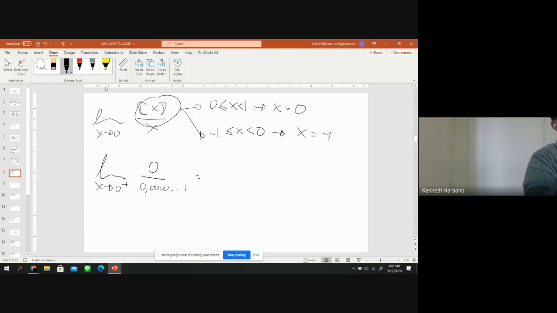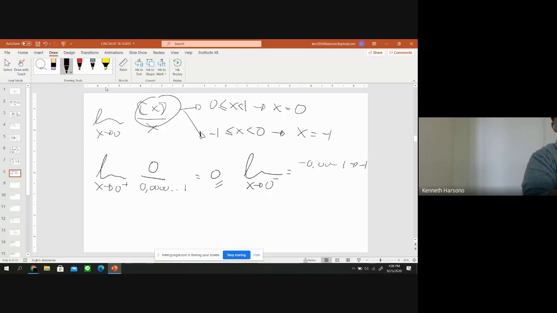So the answer is 0. And for the limit approaching 0 minus, we get minus 0.0001, which becomes -1, right?